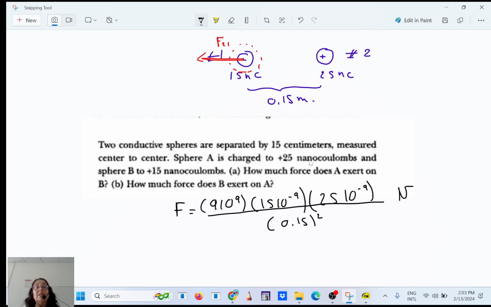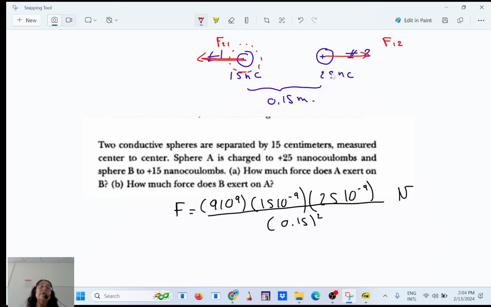But the question is, once you have found this force, what's going to be the force on the other one? Is it going to be the same, or larger, or smaller? The same, very good. Newton's third law. It's a typical conceptual question, even for the MCAT, where they will try to trick you.